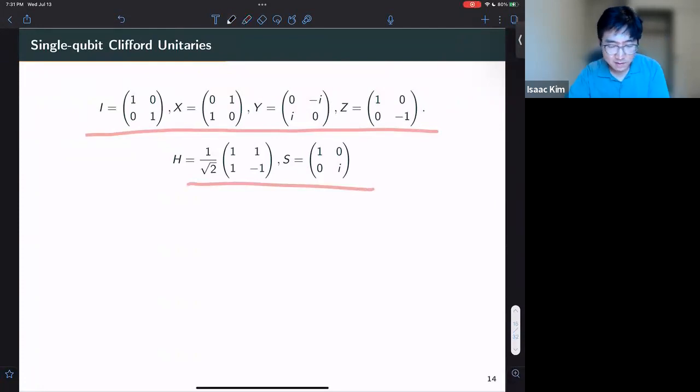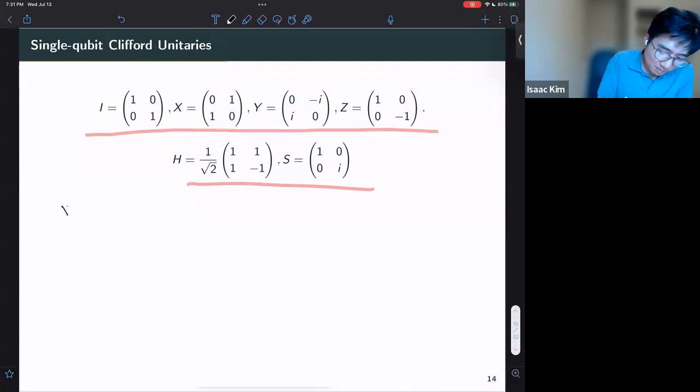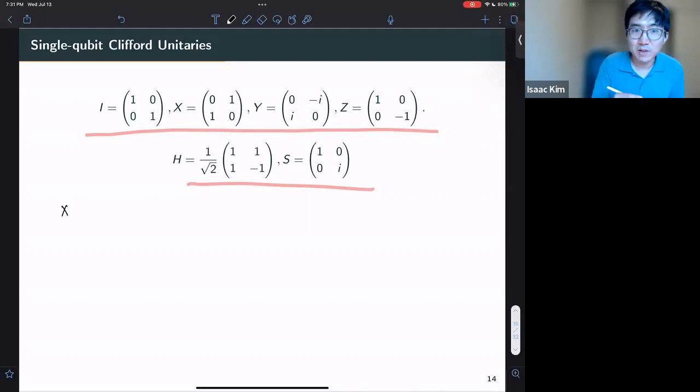First of all, let's be clear on this. If you conjugate a Pauli by a Pauli, then that will become a Pauli. Why? Let's say you conjugate X by X, then that's just X, so I'm not going to even write that down. What about Y X Y dagger?